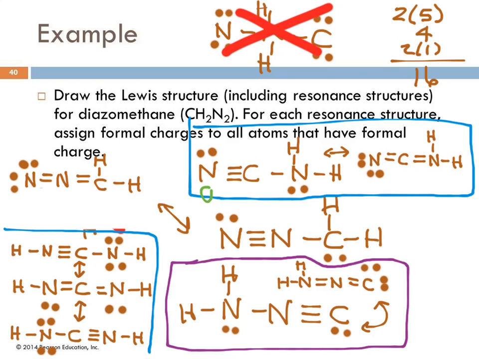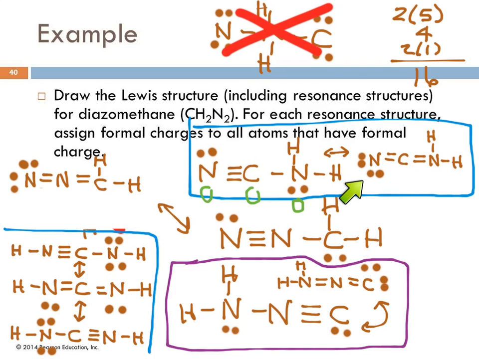Nitrogen has 5 valence electrons in this structure. It's got the 2 lone pairs and half of the bonds, which is 5. What's the formal charge on the carbon? 0. What's the formal charge on this nitrogen? 0. The hydrogens are always going to be 0, so we can ignore them. So is that a good Lewis structure? Yeah. Could we just stop now? Would that be good enough? Oh, we got to go check out the others.